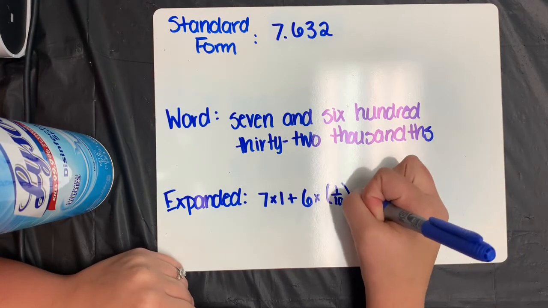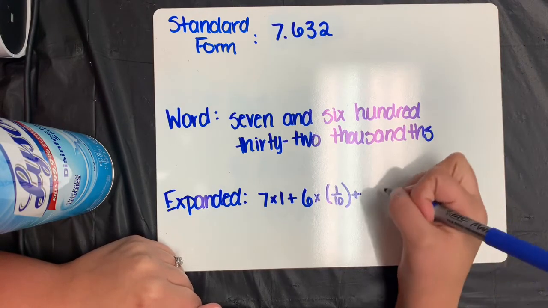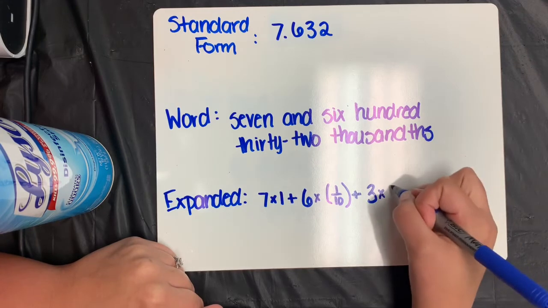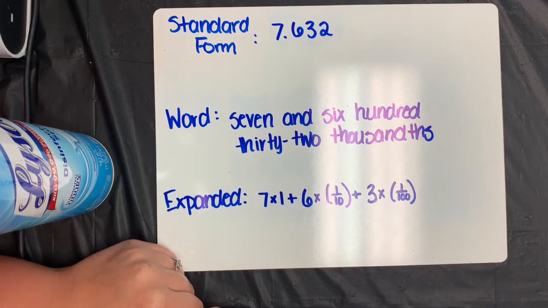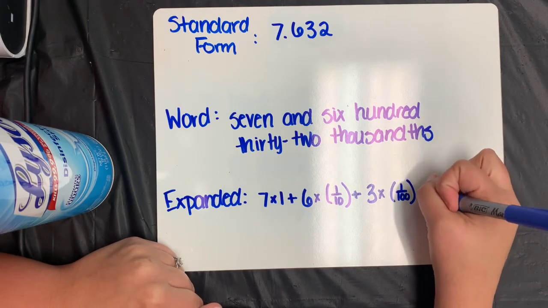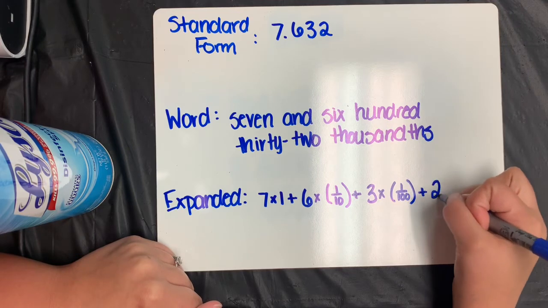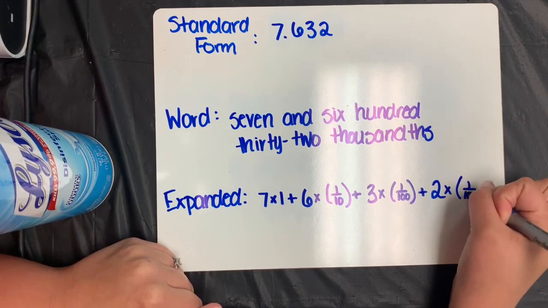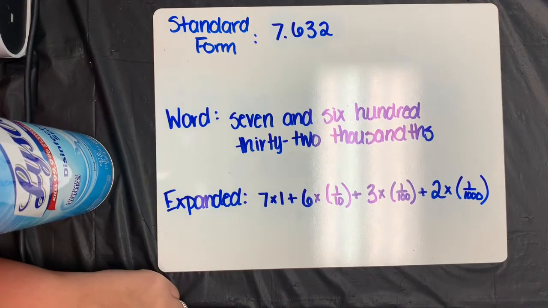Now I need to add, there is a 3 in the hundredths place, so I'm going to do 3 times 1/100th. And then I need to add, there is a 2 in the thousandths place, so I do 2 times 1/1000th. Hope that makes sense.